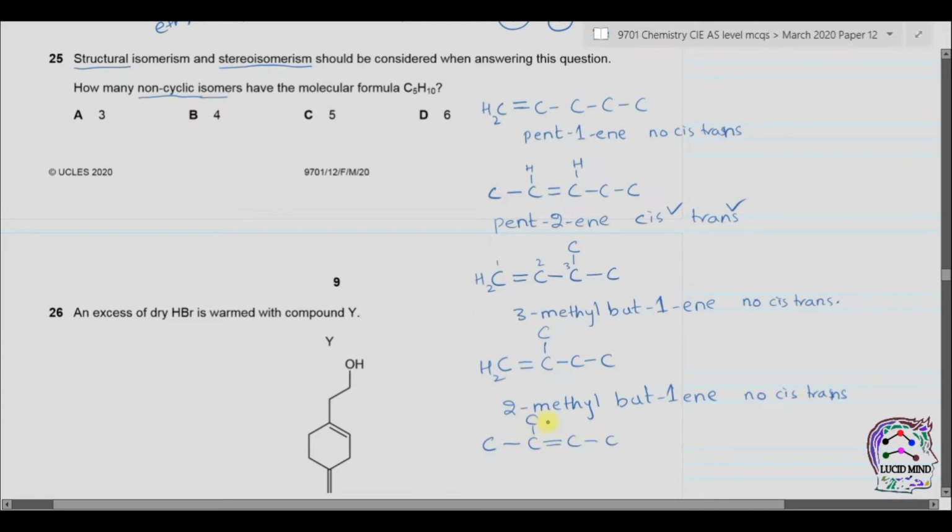It will be something like this. This is 2-methylbut-2-ene. Again no cis-trans isomers, because the double bonded carbon has the same atoms attached.